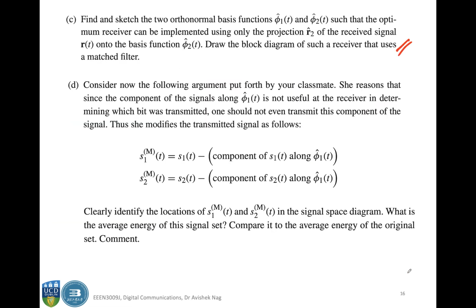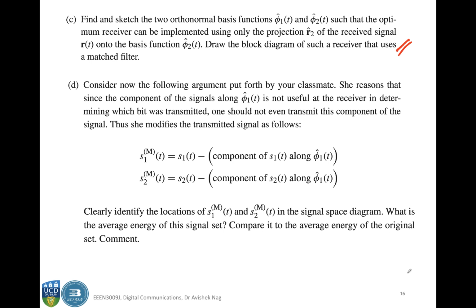Now let's see the next part. So consider now the following argument put forth by your classmate. She reasons that since the component of the signals along phi 1 hat(t) is not useful at the receiver in determining which bit was transmitted, one should not even transmit this component of the signal. This is interesting. So thus she modifies the transmitted signal as follows.